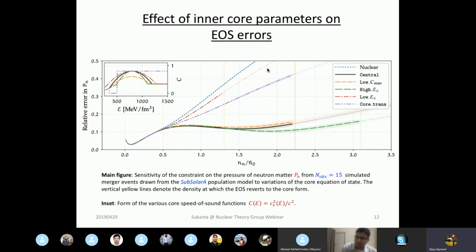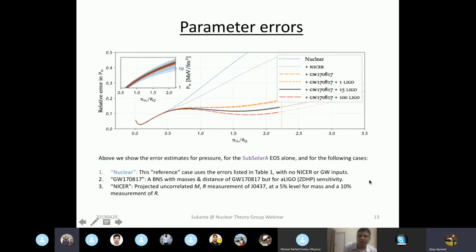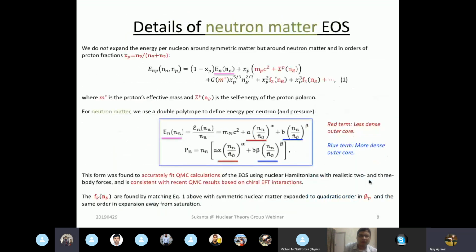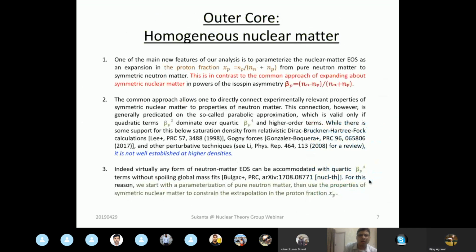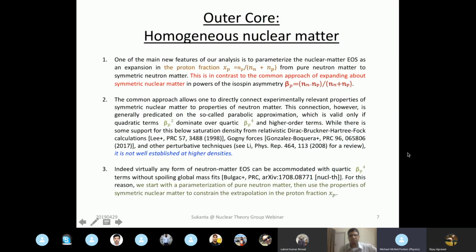Whatever equation of state you are using in the outer core region, how is it consistent with the properties of finite nuclei? So the parameters that we fit here are coming from quantum Monte Carlo calculations with a variety of both chirally motivated equations of state and various different three-body interactions.